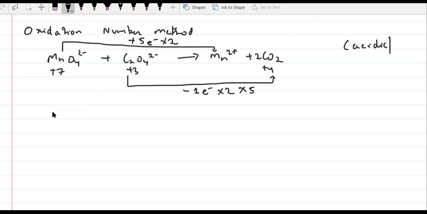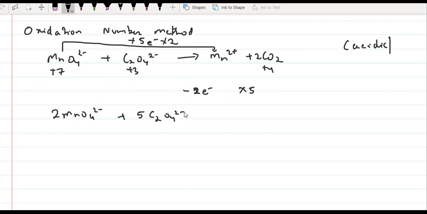We'll get 2 MnO4 2 minus plus. Now you don't have to multiply this by 2 because it is already 2. I'll just remove 2 from here. We just have to multiply by 5 now, because it is 2 electrons.